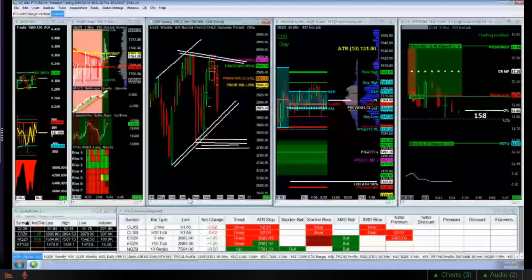Definitely coiling. So that's just the bigger picture weekly. So we'll find that out by the end of the week. Again, if there's continuation down, these pivot lows here, 2820, 2800, 2780, that whole range would be in play. Again, just bigger picture stuff.